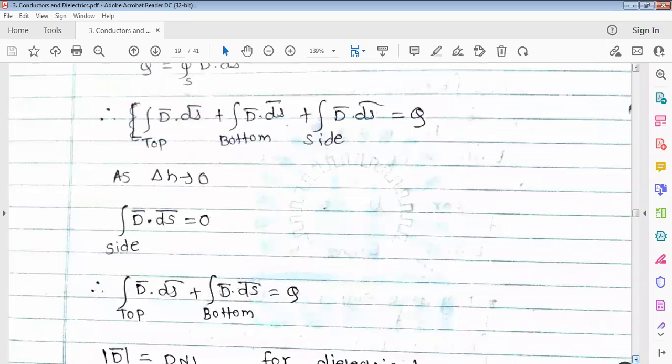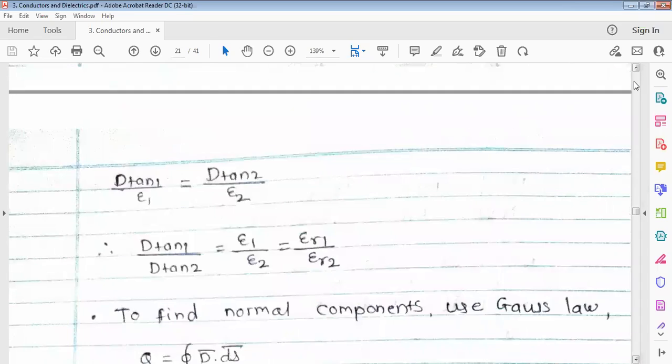So the closed surface integral of D bar dot dS bar is nothing but the integration over the top surface of D bar dot dS bar, plus the integration over the bottom surface of D bar dot dS bar, plus the integration over the side surface of D bar dot dS bar, and it is equal to Q. Okay, so if we make this delta H equal to 0 at the boundary.